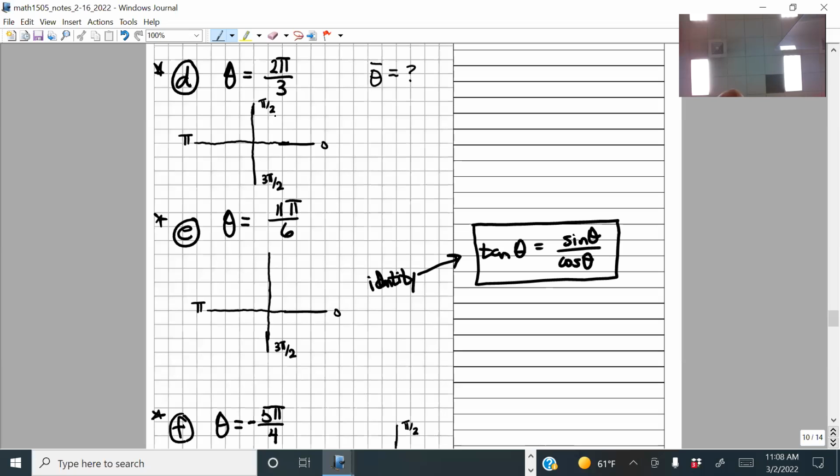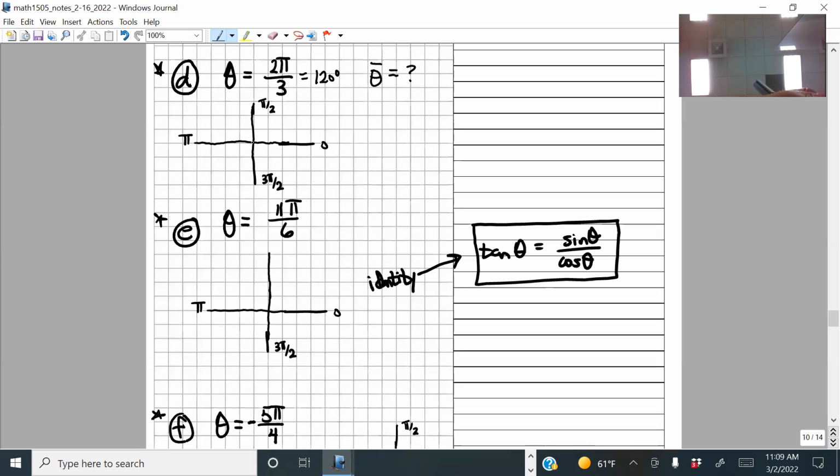Okay, let's see what we did here. So on at least the first one, let's see if we can draw 2 pi over 3. If you're having to think about this in degrees, that's fine. That certainly makes it easier, I think, to draw accurately. 2 pi over 3, by the way, is 120 degrees if you convert that to degrees.